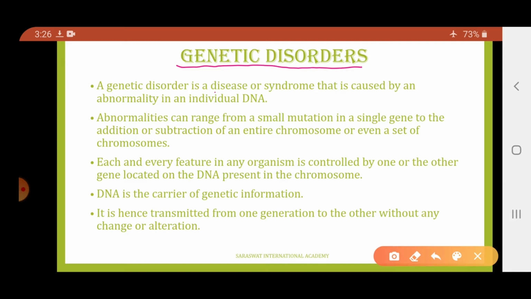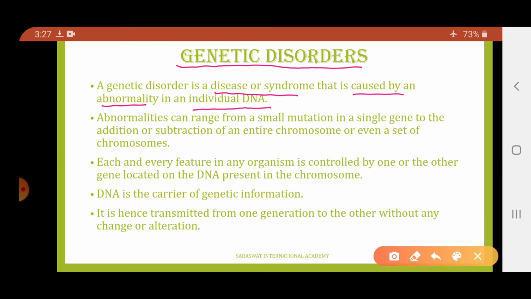A genetic disorder is a disease or syndrome that is caused by an abnormality in an individual's DNA. So if a disease occurs due to an abnormality in DNA, it is called a genetic disease. How can such abnormalities occur?